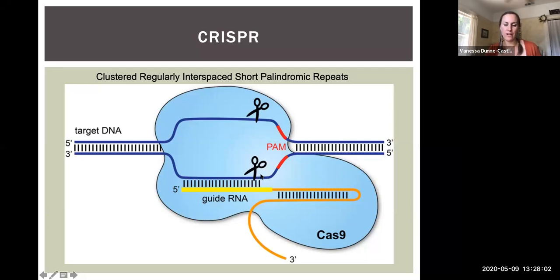If this is a viral infection, you provide your cells this CRISPR-Cas9 system that will target that pathogenic DNA, and it will just cut it up. It'll cut out whatever you're targeting.